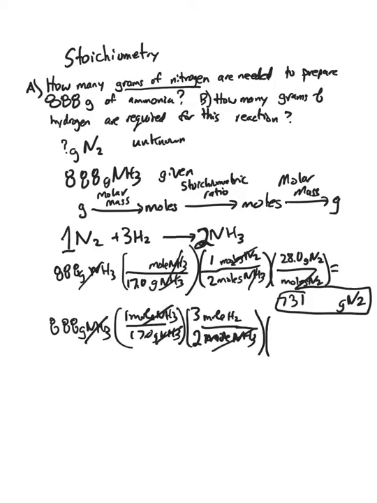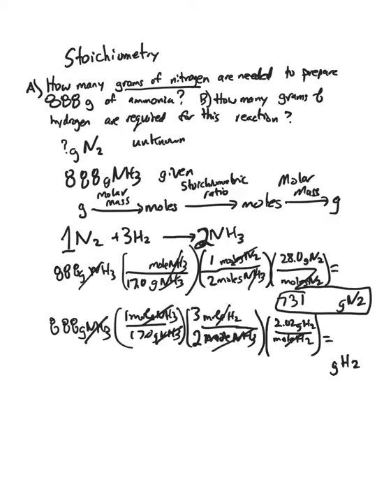And then we want to go to cancel out moles of hydrogen with grams of hydrogen. So we're going to use a molar mass of H2, which would be 2.02 grams. And that'll give us grams of hydrogen. Moles hydrogen divided by moles hydrogen.